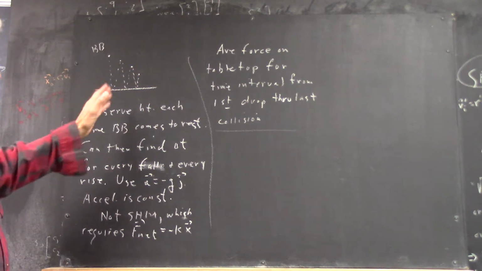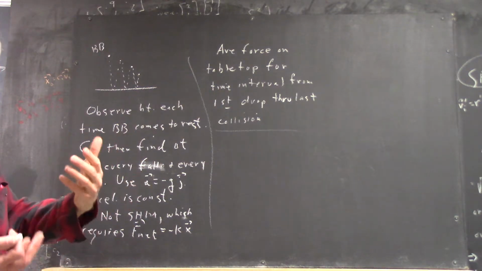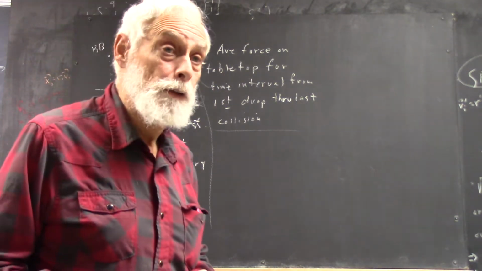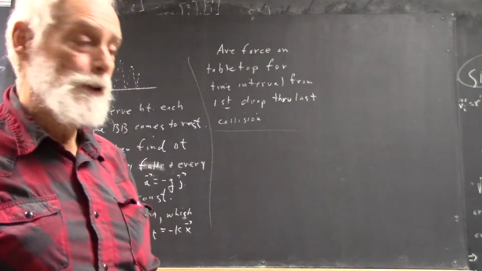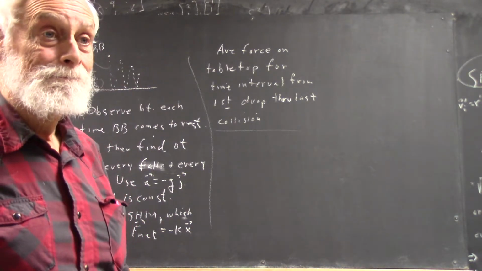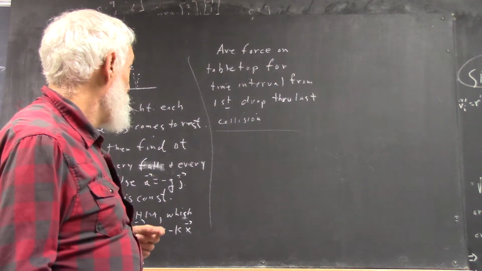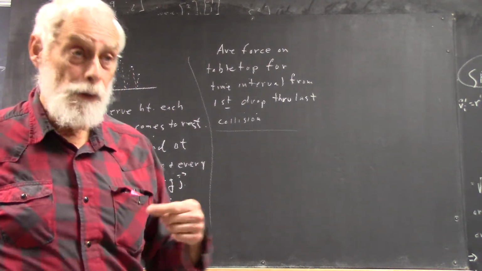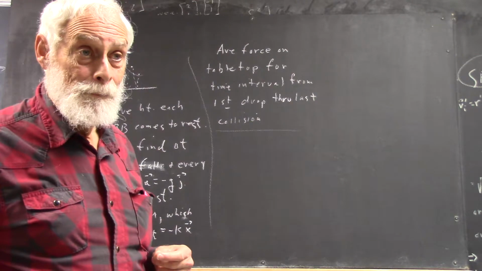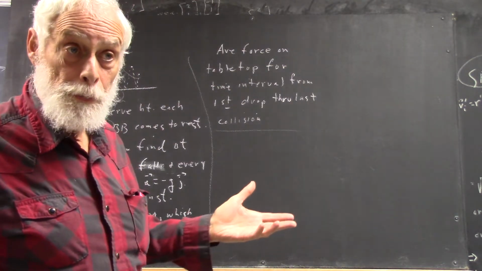So we'll know when each collision occurs and how fast the BB was moving, and presumably we can find its mass with sufficient accuracy. And at that point, we can calculate its momentum before and after each collision, right? Which means we can apply impulse momentum.